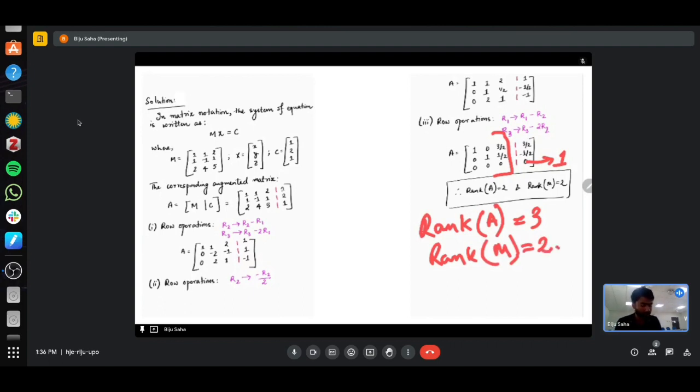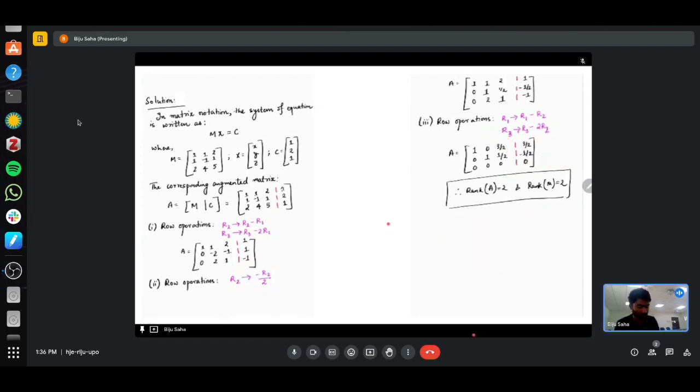That is one possibility that may arise. So the rank of the augmented matrix can be greater than or equal to the rank of the matrix of coefficients. This is one of the corollaries we get from this exercise: in this case it is equal, but it can also be greater than the rank of the matrix of coefficients. That is what this exercise could do.